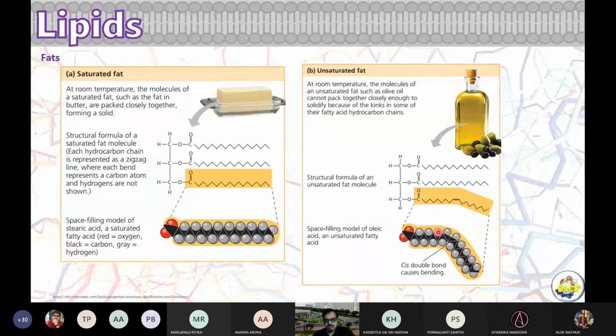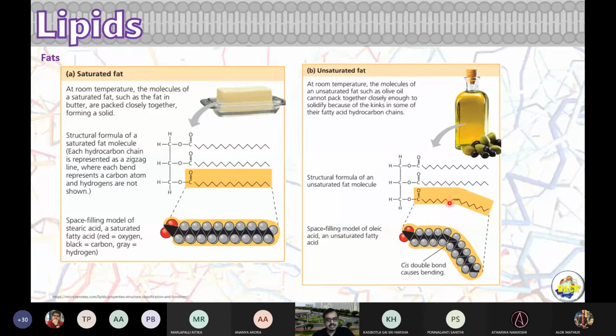Now in our body, the normal fats, like butter and things present in milk, are saturated. But in membranes we have some unsaturated fatty acids also. So this is about fats. This is unsaturated fat.